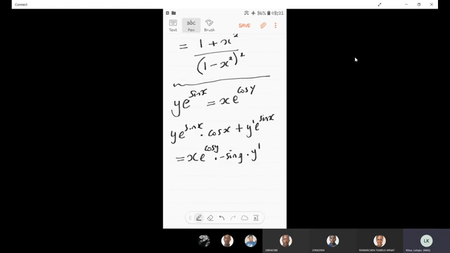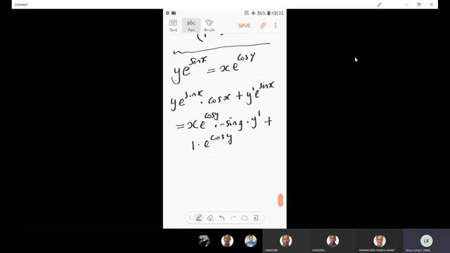Okay, so here it's three functions. I have e, I have cos, and then I have y. So that's why I put this y prime over there. And then I add the derivative of x, which is 1, and then cos y will stay as it is.